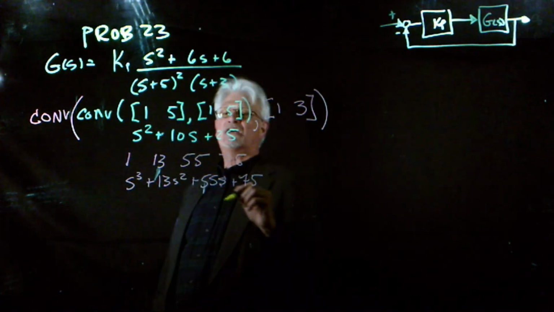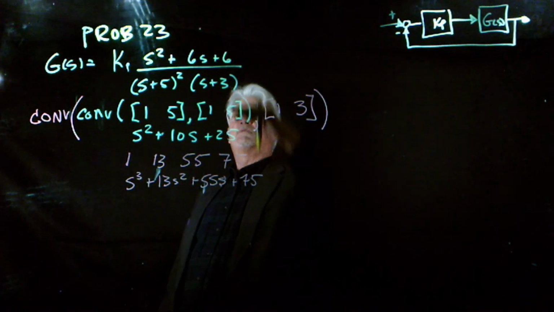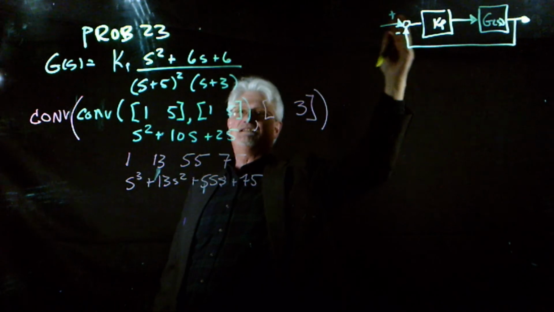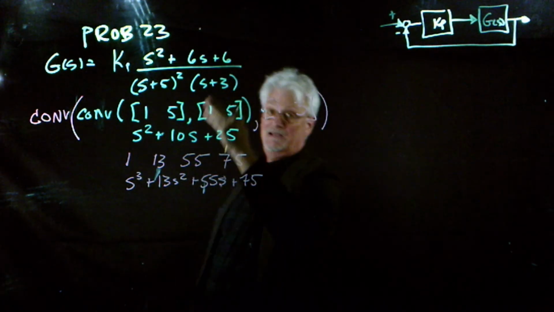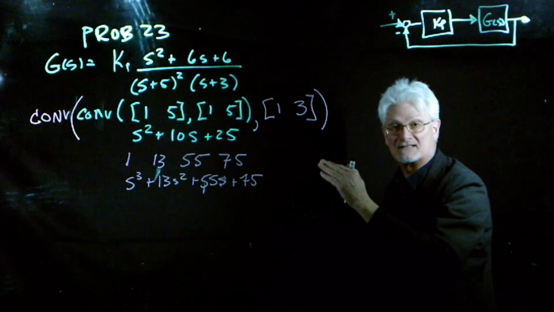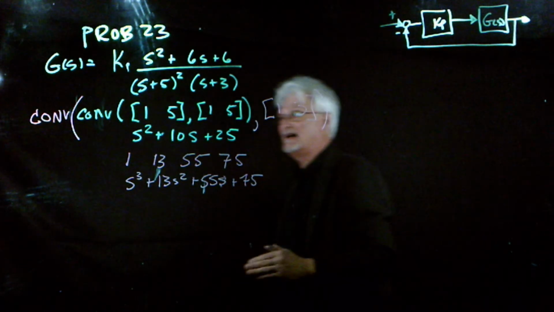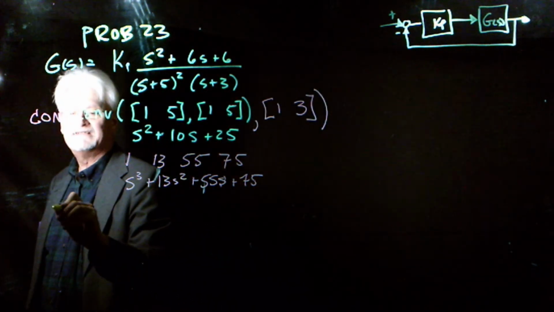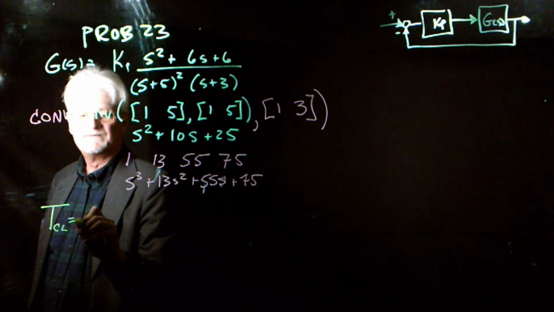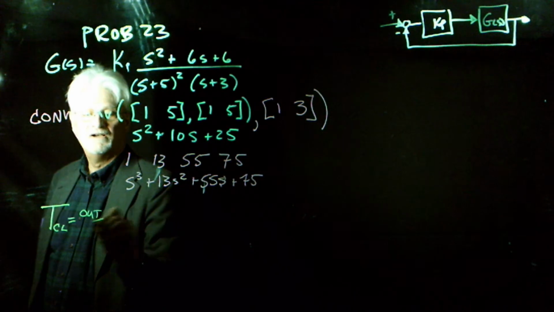So now that we know what the numerator is and what the denominator is for our unity feedback system, and we know the modified formula for feed forward over 1 plus the feed forward times the feedback, we can look at the closed loop transfer function, which is equal to the output over the input.